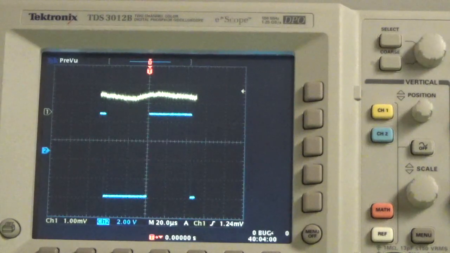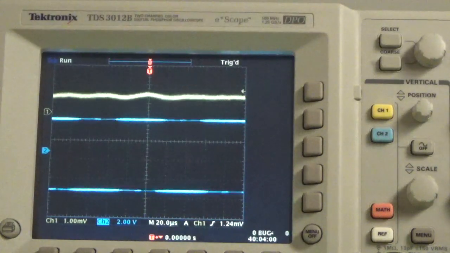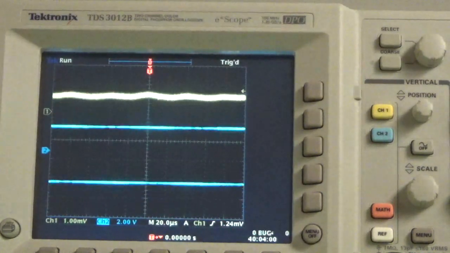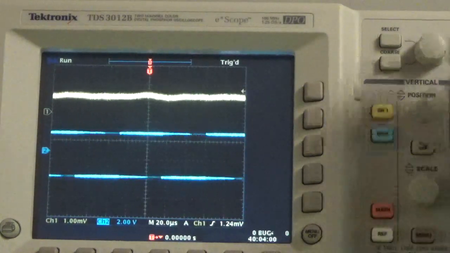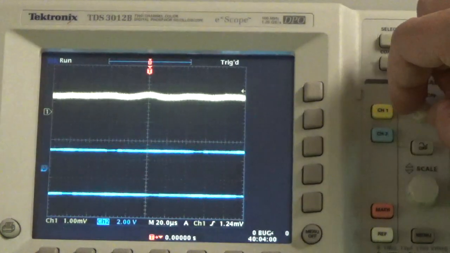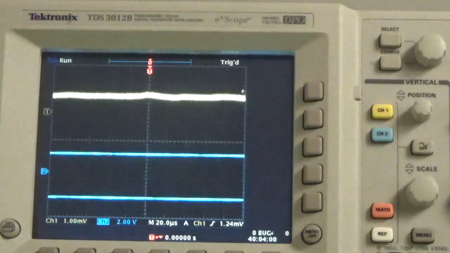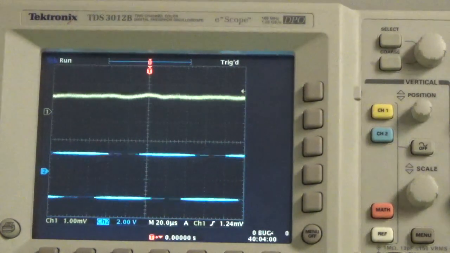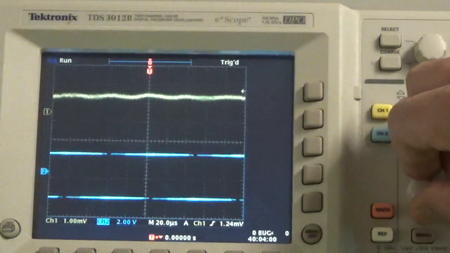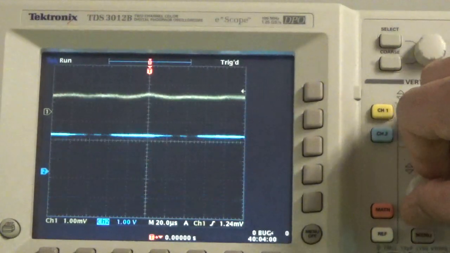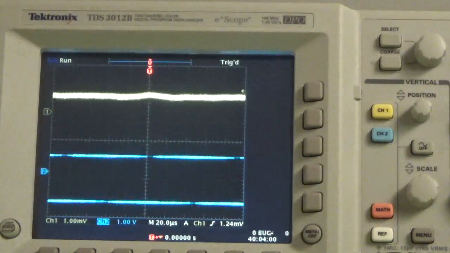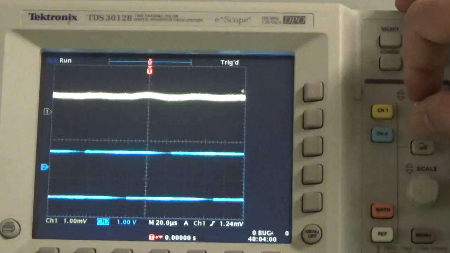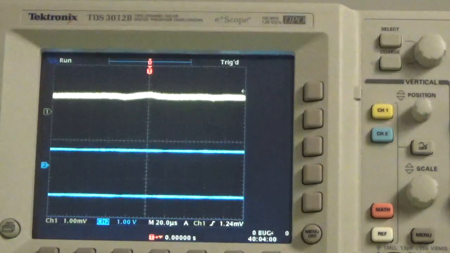I will try to reduce the voltage a little bit down, so let's go here and try to reduce the voltage. So we just need around 4 volt, so 4 volt is enough.